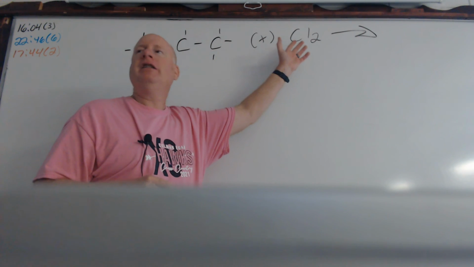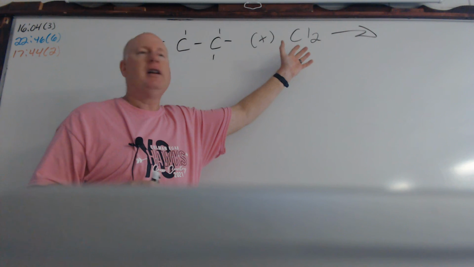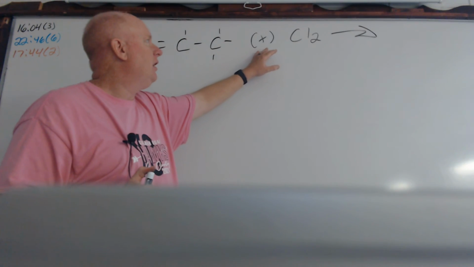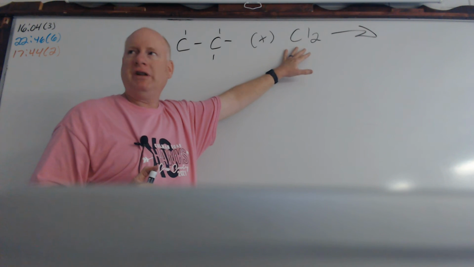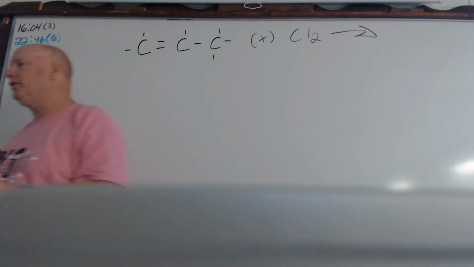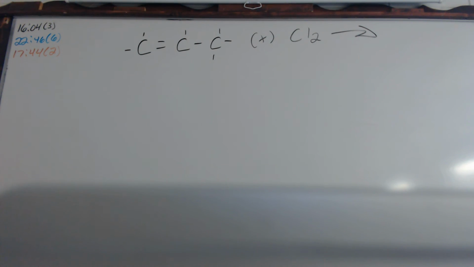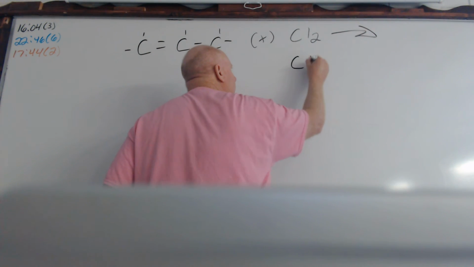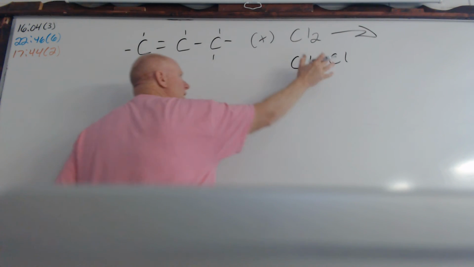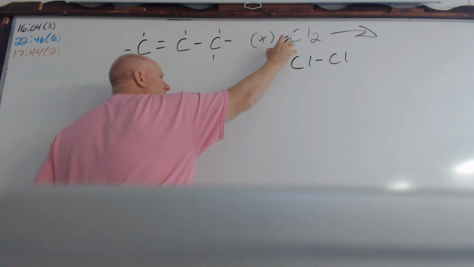See, you got to be careful when you say that, okay? This is called the symmetrical reagent. The reason I got to be careful when you say that is because there's also an asymmetrical reagent, okay? Asymmetrical means it's not a mirror image, because if we write this out, that's what that really means, because it's diatomic, okay?